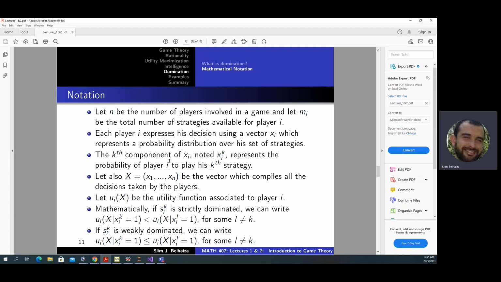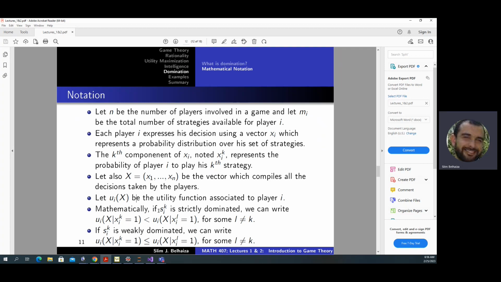So the kth component of x_i, noted x_ik, represents the probability of player i playing his kth strategy. This capital X, in fact a tuple, represents the vector which compiles all the decisions taken by the players, player 1 till player n. And let u_i of X be the utility function associated to player i.